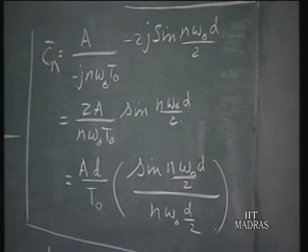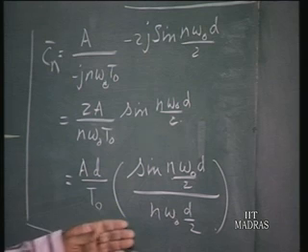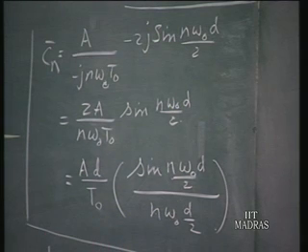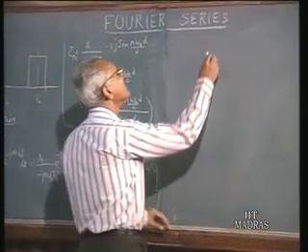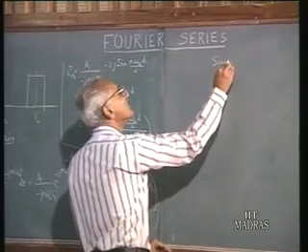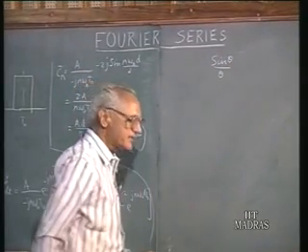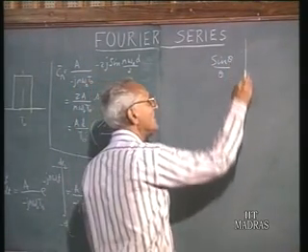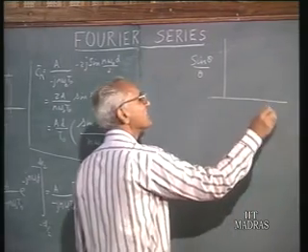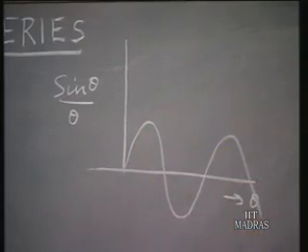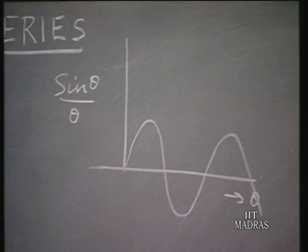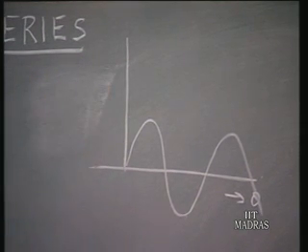So to plot the spectrum corresponding to this, let us fill ourselves up on some background information on the variation of sin theta by theta. So if we are having a function sin theta by theta, what we are interested in is to find out the variation of sin theta by theta.